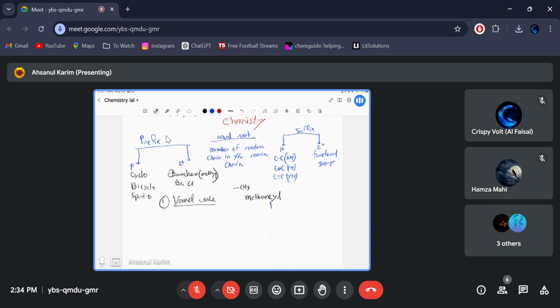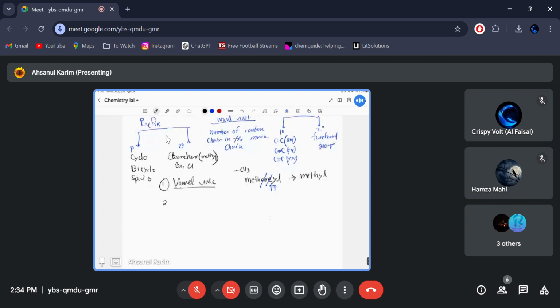So look, two vowels are there. So remove this vowel and the N will be automatically eliminated, right? So the name will be methyl, correct? So this is how the vowel rules actually work. Second, select the biggest chain. For example, I have two chains.